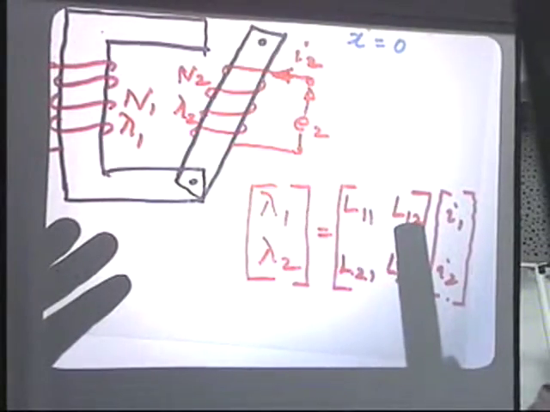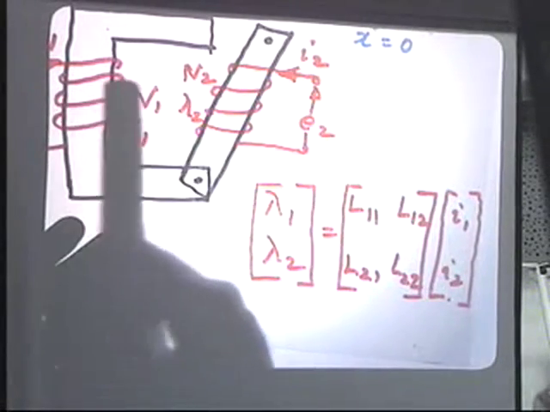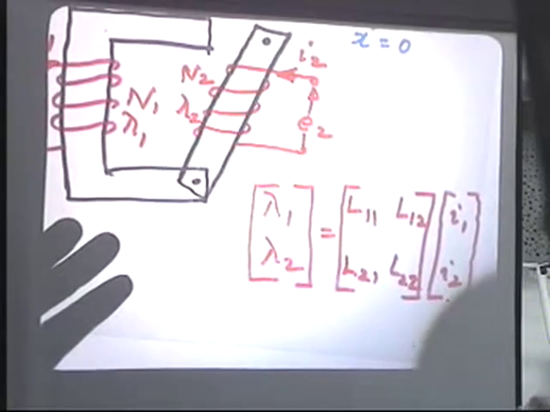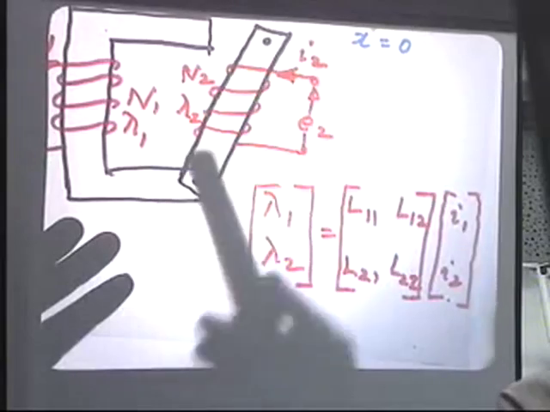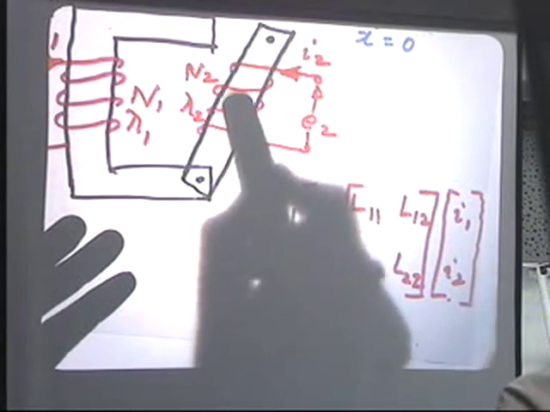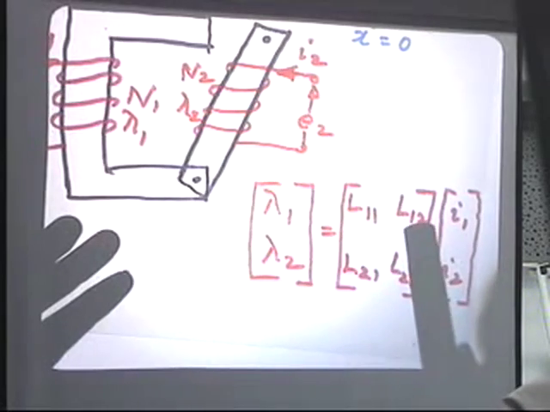Then L12 is the mutual inductance between these two. Mutual inductance is the flux linking winding 2 due to current in winding 1 when the second is unexcited, that is L12.